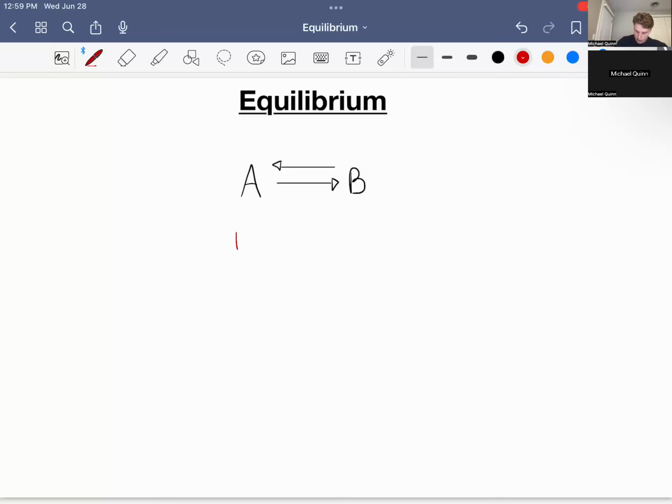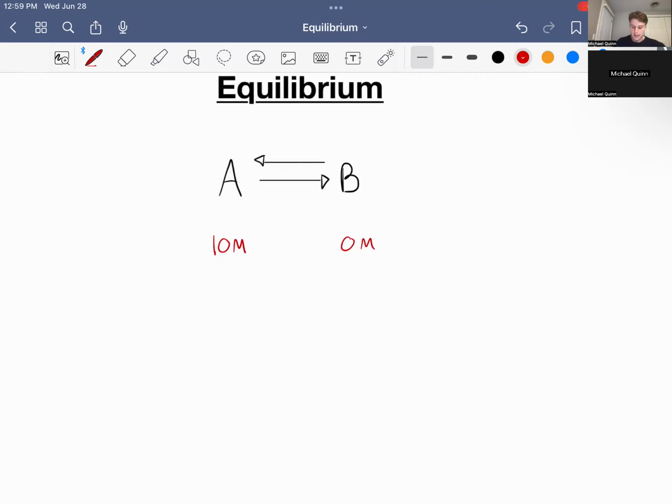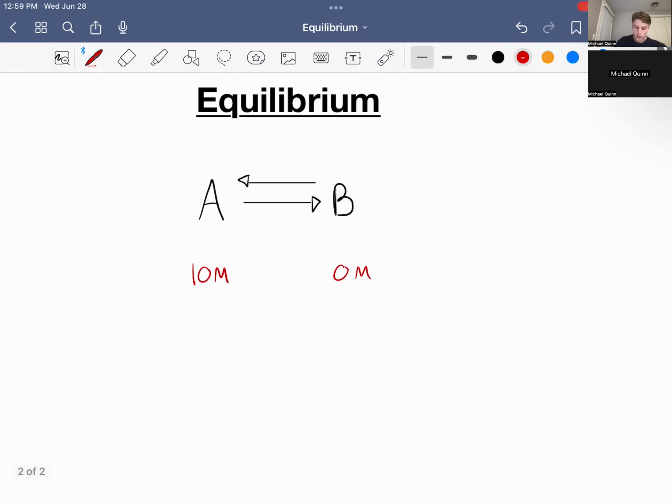Now, if we were to start with 10 molar of A and 0 molar of B, one big misconception we need to avoid making is saying that equilibrium will be established when there is 5 molar of A and 5 molar of B. This is not true. It could be true for equilibrium, but equilibrium is not when the reactants equal the products in terms of their concentration.